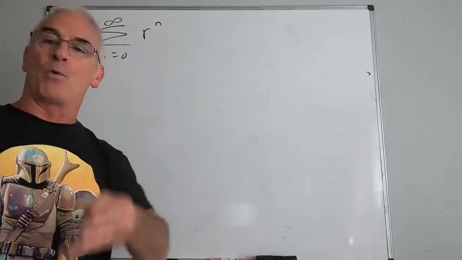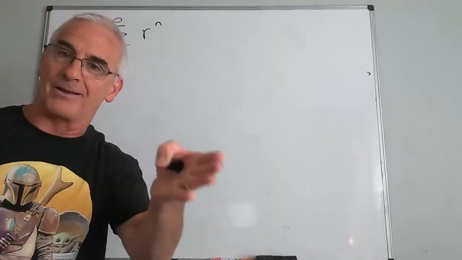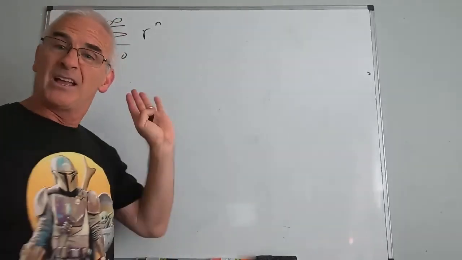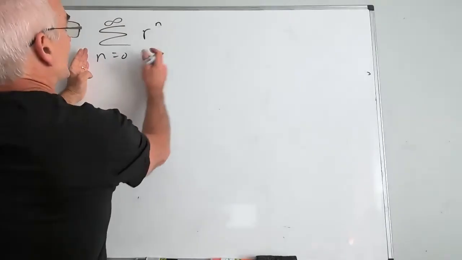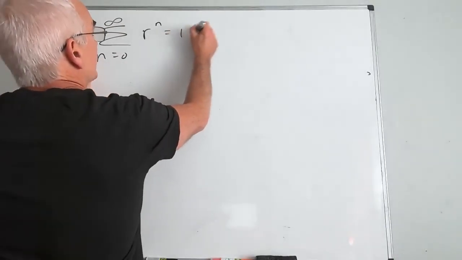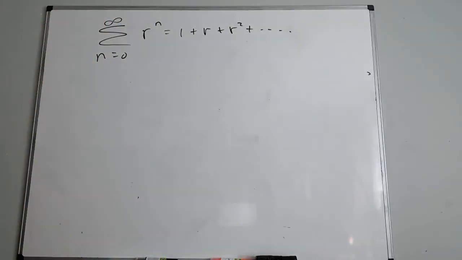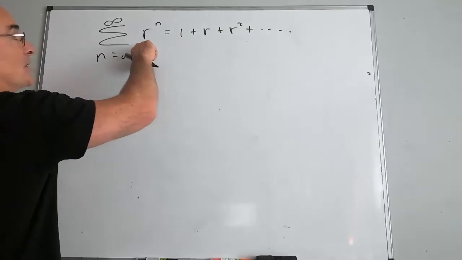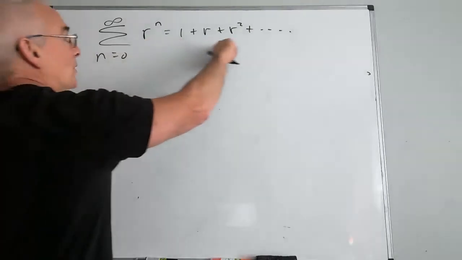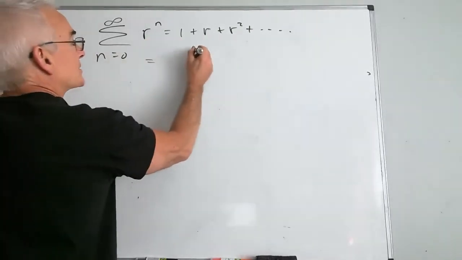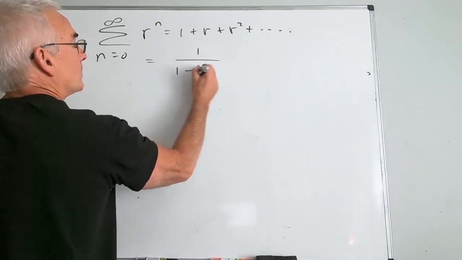If it's A1 R to a power, every term has the same A1. So anything that can be written in this form, this is 1 plus R plus R squared forever and ever, we know this is a geometric series where the first term is 1 and the constant ratio is R. So we know this is going to be first term over 1 minus R.